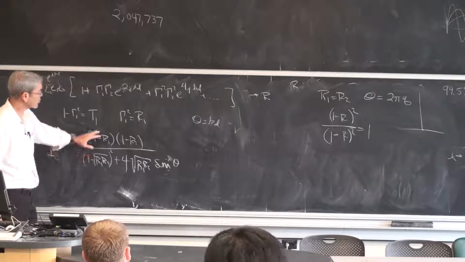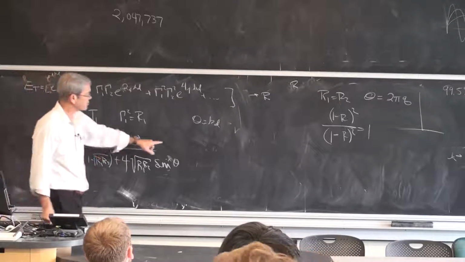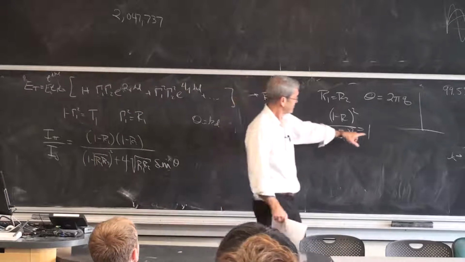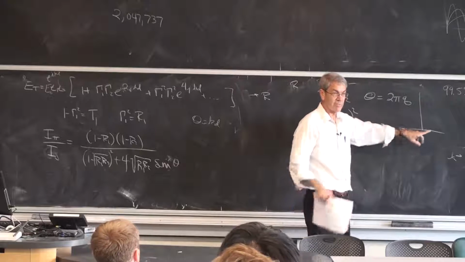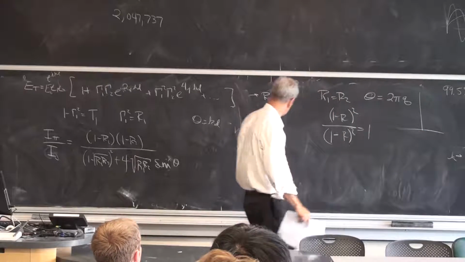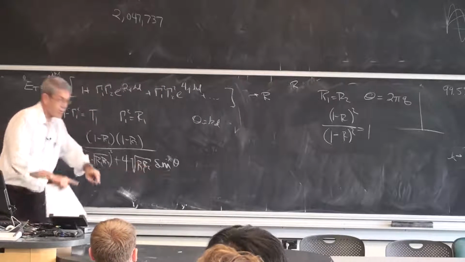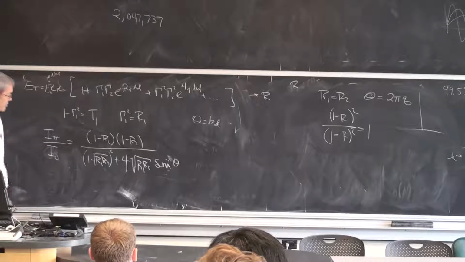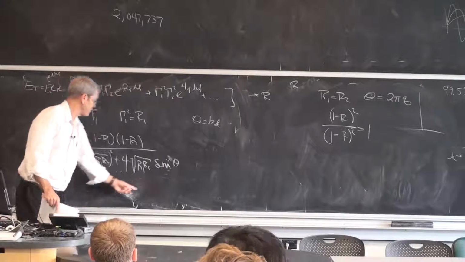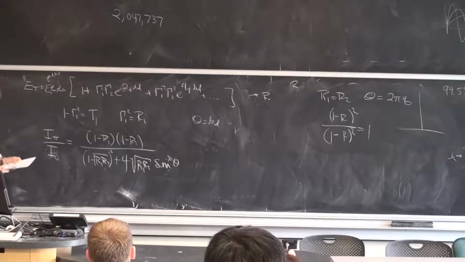So you can put in various R's here and compute how, you're always going to have maximum transmission at resonance, but how fat is it? How broad is this curve? How sharp is it? By adjusting my reflectivities, as I go off resonance, I'll see how rapidly it falls. So this fully describes the transmission of the cavity as a function of reflectivities.